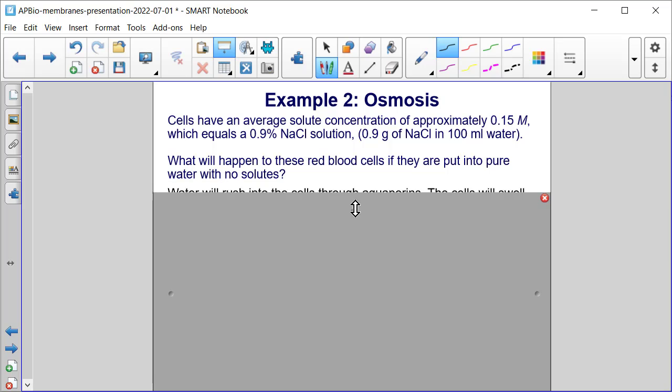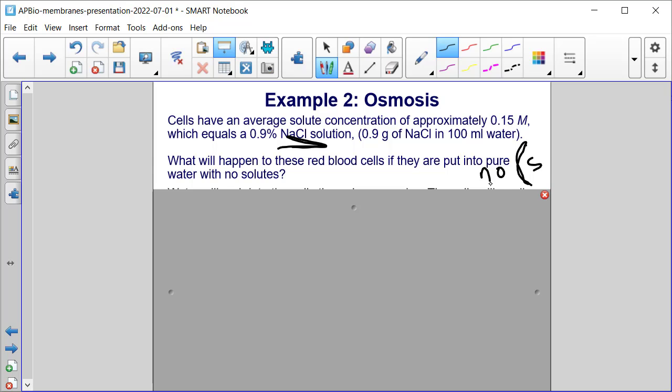All right, so if cells that have solute in them are placed into a water solution with no solute at all, and this is the membrane, on this side we have solute, on the outside we have no solute, what direction is the water going to flow?